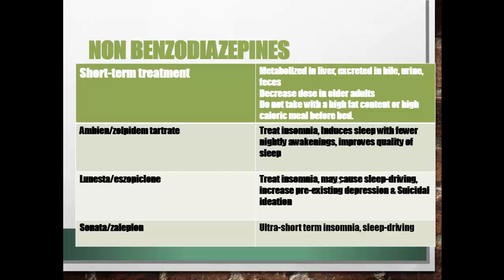Zolpidem in particular is good for that, but it's not really good for helping a person stay asleep, although there is an extended release form of it that is prescribed also that helps a person not only get to sleep, but to stay asleep.